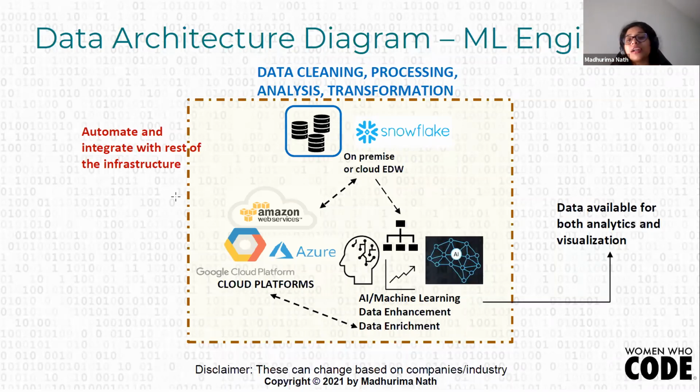So a machine learning engineer enables a data scientist to push all of the work they have built into a more production environment, in a more automated fashion, and integrate it with the bigger picture.